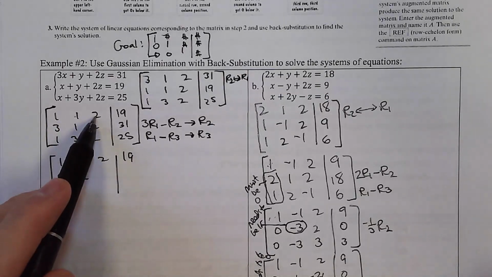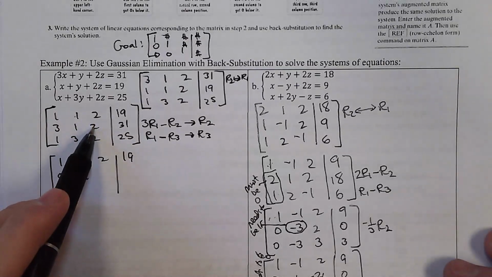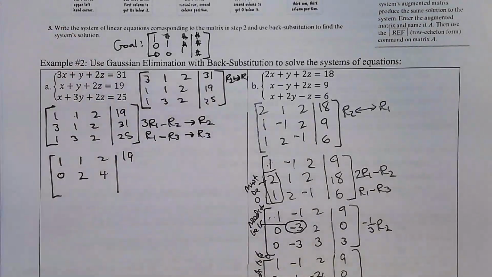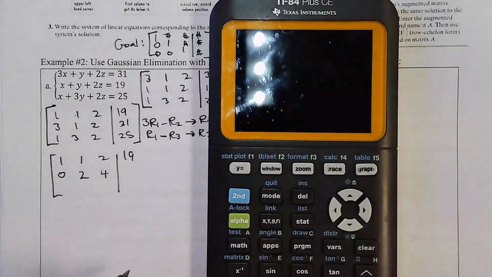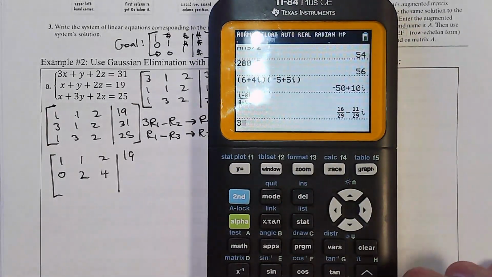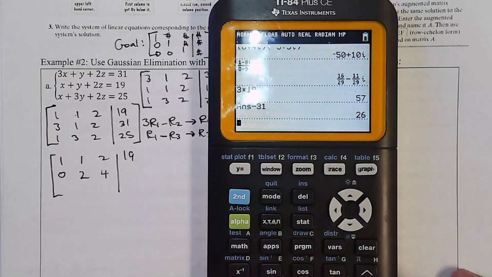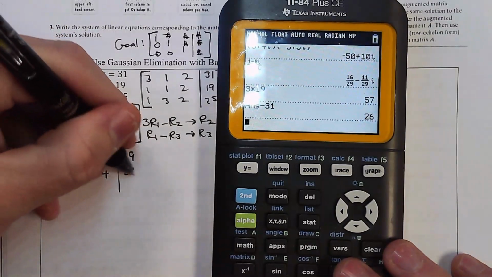What's 3 times 2? 6 minus 2 is what? 4. 3 times 19, minus the second row, 6.